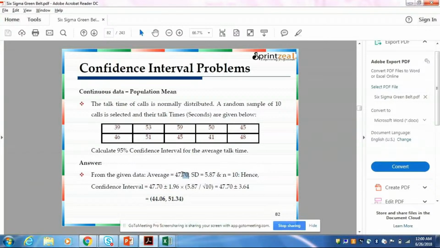Average, which is 47.70, plus minus 1.96. So for now, just remember at 95% confidence, the value that we need to take is 1.96. I will explain why we have taken 1.96 when we do the Z calculation. Okay, so for now, just say that in the formula, it is always 1.96.